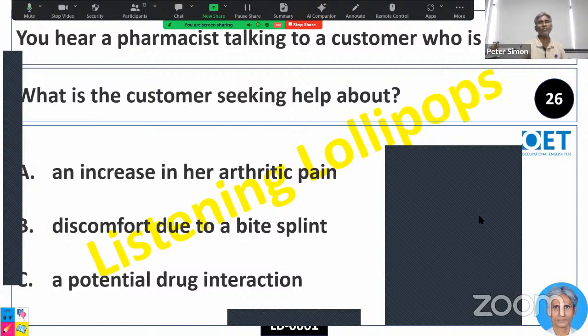Interaction related to drug. Splint related to bite. So bite is important, arthritis is important, drug is important. You understand? Be careful. Okay? So which interaction will we say? It's a drug, more important than that. Next.